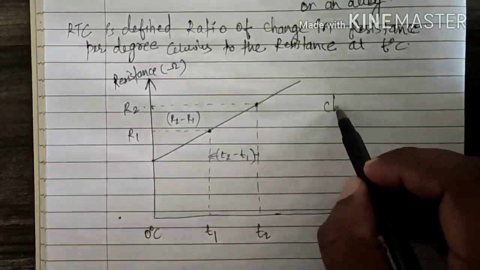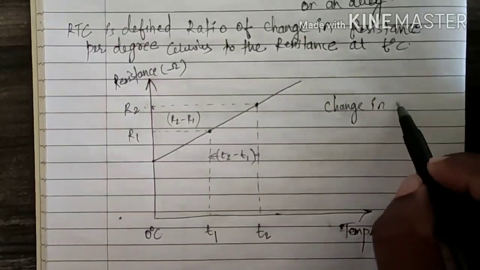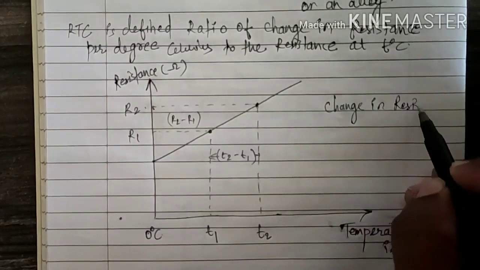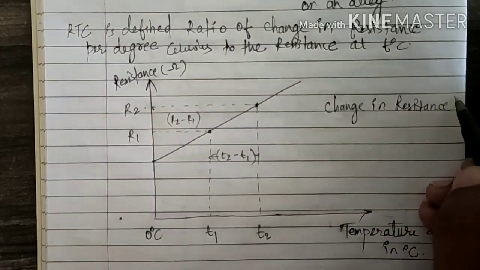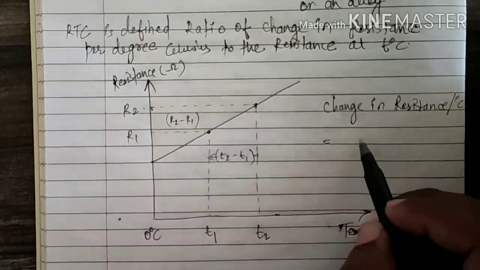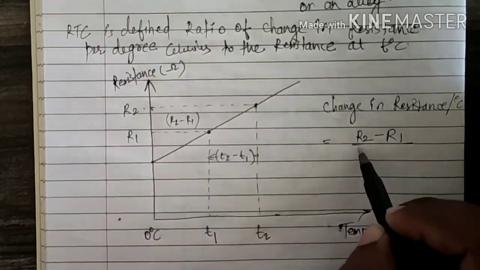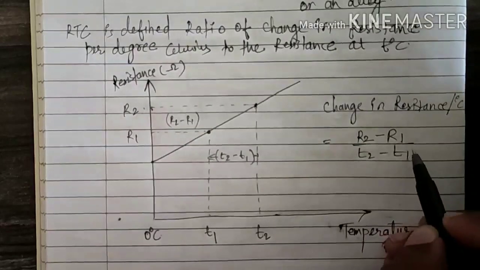So how can you define the change in the resistance? The change in resistance per degree Celsius will be the ratio of R2 minus R1 upon T2 minus T1.